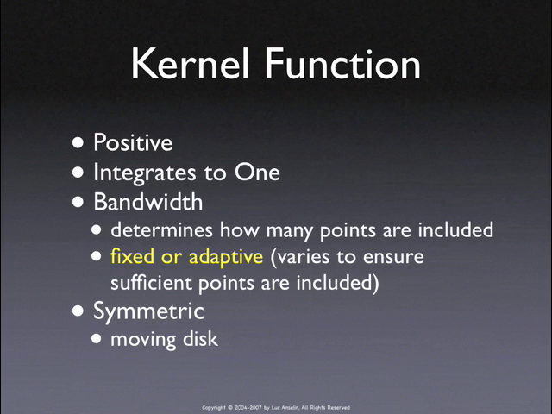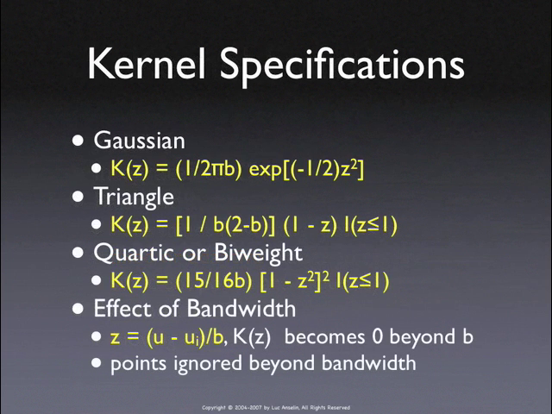So mathematically then, we need to say something about this k more specifically. So far we just said it has to be positive, has to integrate nicely, has to be symmetric. We pointed to the role of the bandwidth. Now we have specific mathematical functions.